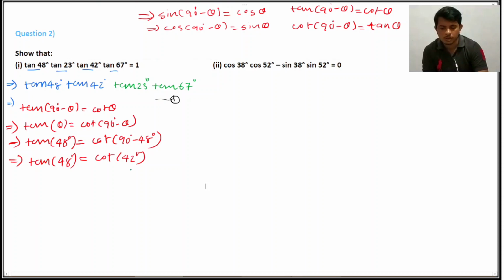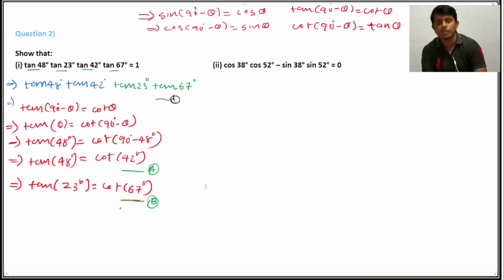Similarly, we can also find that tan 23 degree equals cot 67 degree. Let's name this equation B. That's it.